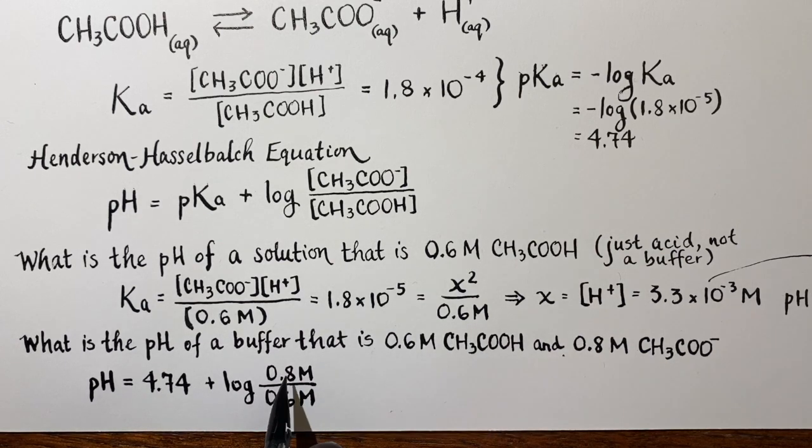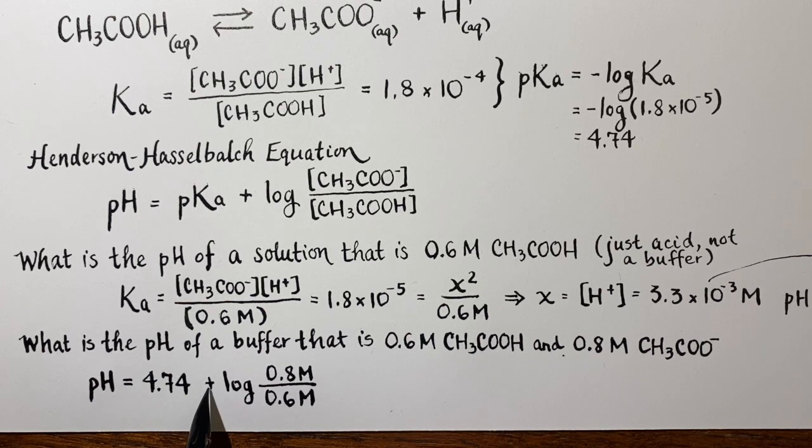So if we look at this ratio, we see 0.8 over 0.6. This is going to be greater than 1, and the base 10 log of a value that's greater than 1 will be positive. Overall, this will be a positive value.